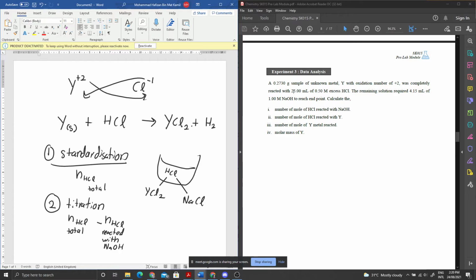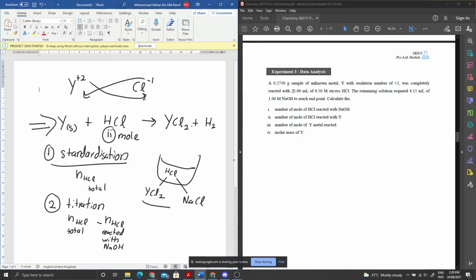So kalau you dah titrate, you dapat tahu pasal NaCl, and then you tolak from the total, you dapat untuk reacted with Y. So since you dah dapat number of mole of HCl reacted with Y, using this equation, you dapat moles.